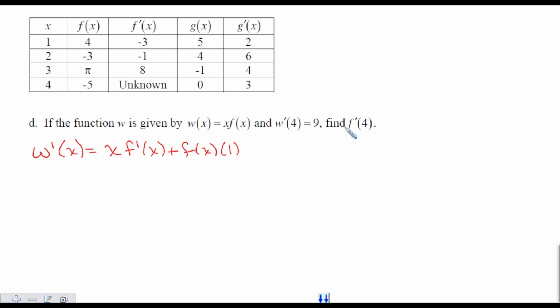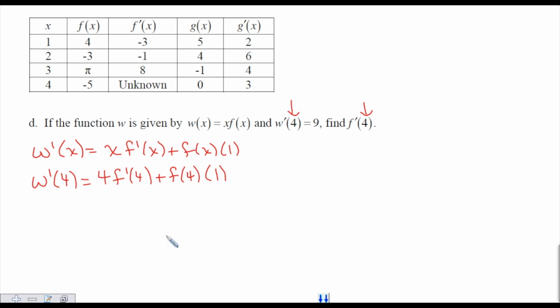And then I'm going to fill in, we want to know something at 4. So I'm going to do w prime at 4. And the x is 4 apparently, because we can tell that from right there and from right there. So we're going to put a 4 there. F prime at 4 plus f at 4 times 1.